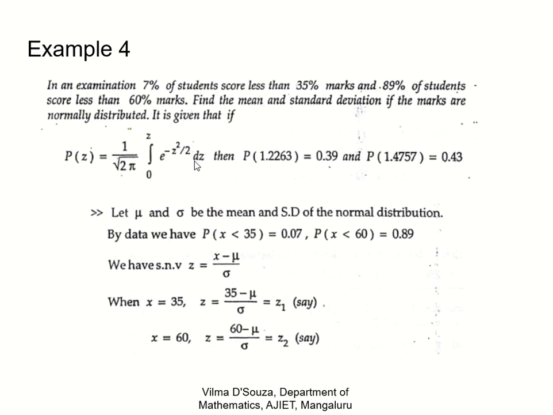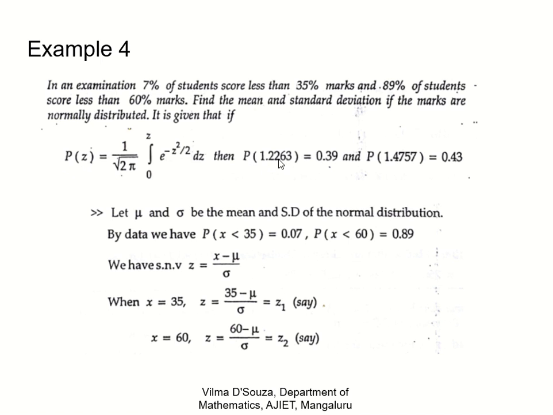So the given data, what is given here? You can observe here P of Z is equal to 1 over root 2 pi integral 0 to Z e power minus Z square by 2 dz. So this function we have taken as phi of Z. We have used the notation phi for this.